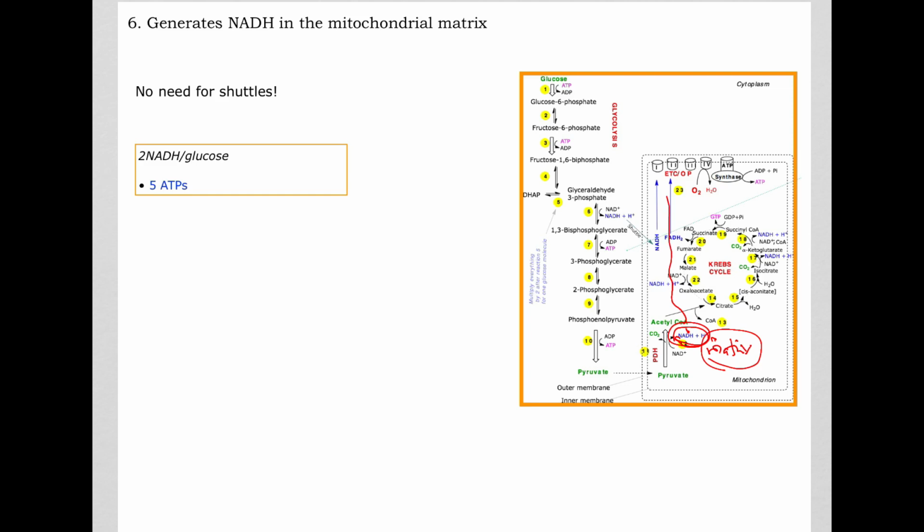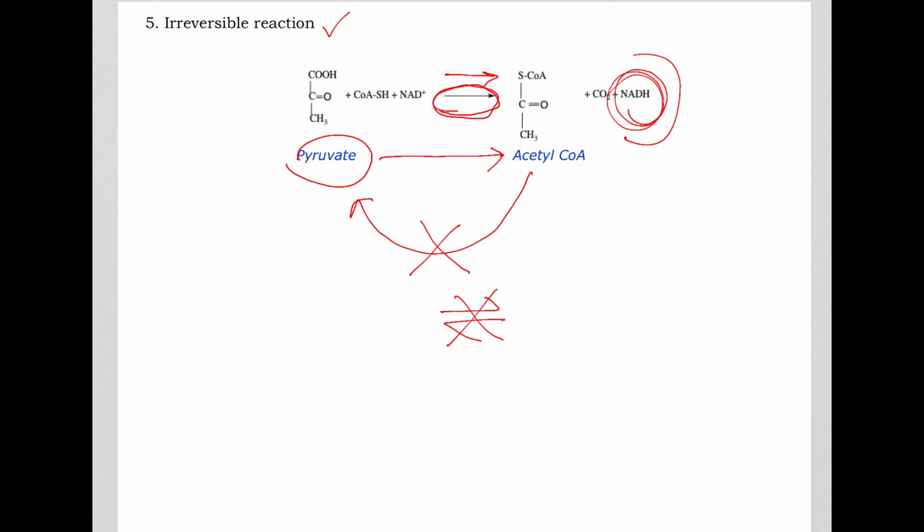This NADH can enter the electron transport chain oxidative phosphorylation system and generate ATP. Each NADH can generate 2.5 ATPs, so 2 NADH from a glucose can potentially give you 5 ATPs. Since NADH is a product of this reaction, you can get ATP potentially from this reaction.